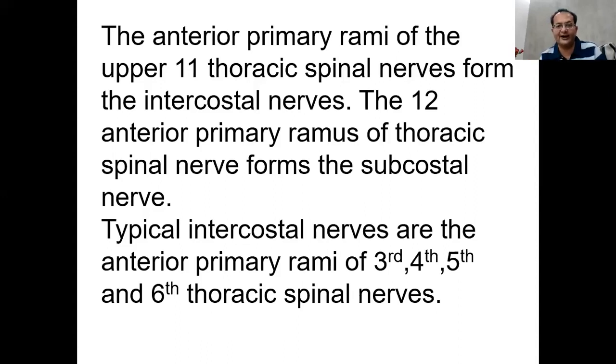C8 and T1 take part in the formation of the brachial plexus. T2 is the intercostobrachial nerve and supplies the medial part of the arm, and T7 to T12 supply the abdomen. So they are not typical intercostal nerves. So typical intercostal nerves are T3, T4, T5 and T6 only.